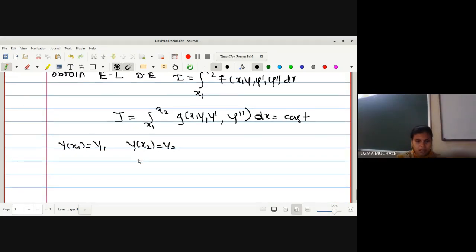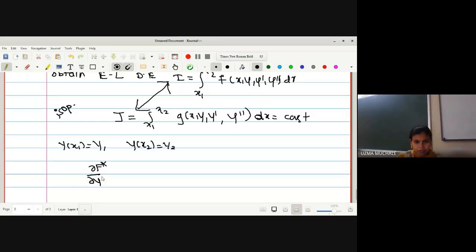We write F star because we are extremizing integral I under the condition of J, which is an isoperimetric problem.